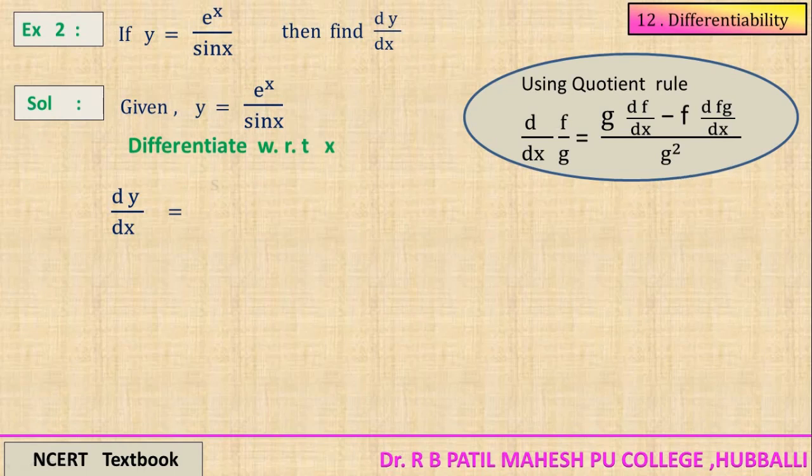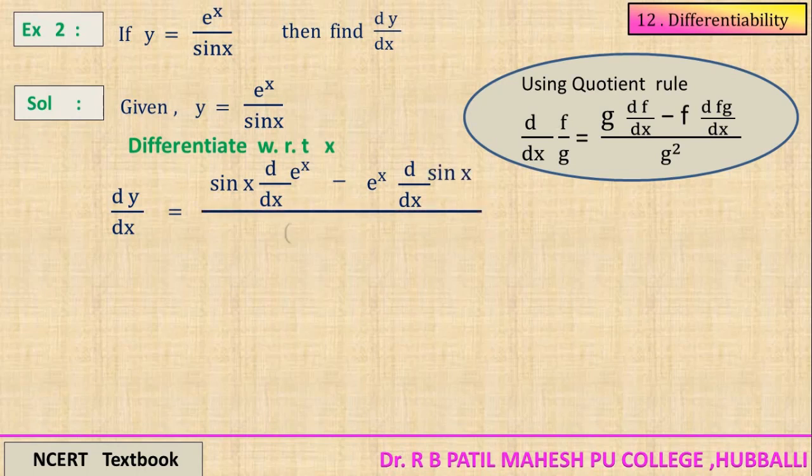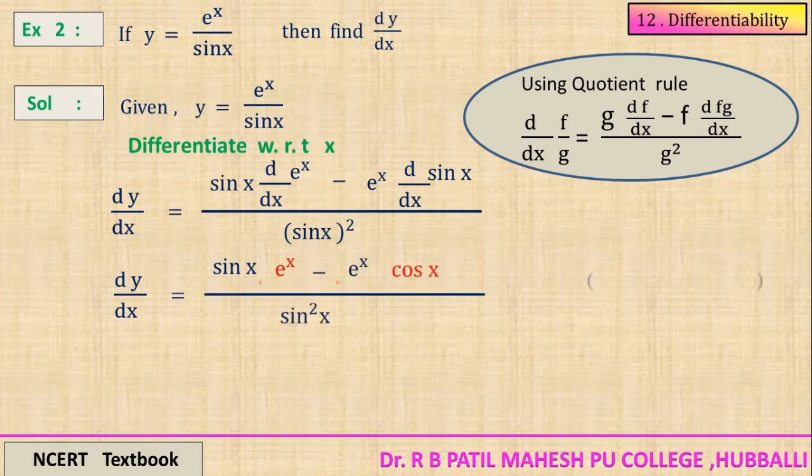So I follow this: denominator function sin x, d by dx of numerator that is e raised to x, minus e raised to x as it is, d by dx of denominator that is sin x, whole divided by the square of the denominator, that is (sin x) whole square. Next, wherever d by dx of a function is there, you write it. d by dx of e raised to x is e raised to x, of sin x is cos x, and this is sin square x.